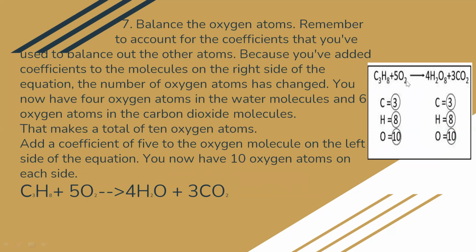So we have 2 times 5 is 10. In our reactants, the oxygen is 10, and in our products, the oxygen is 10. So let us check. We have carbon 3, carbon 3: carbon 1 times 3 is 3. Of hydrogen, we have hydrogen 8, so 2 times 4 is 8.